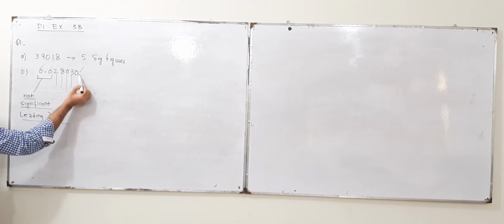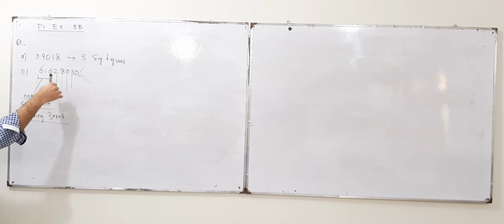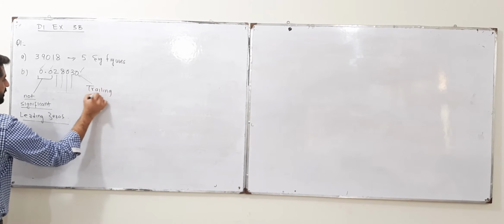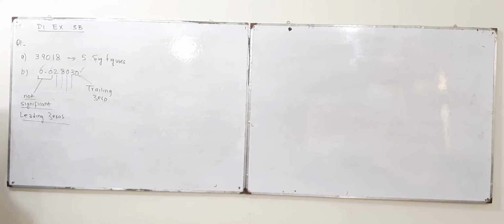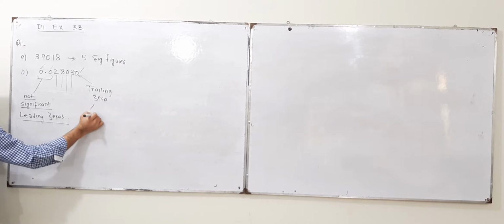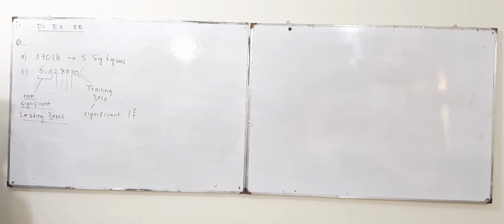Now we have to talk about this one. This 0 is not leading, it is a trailing 0. Now trailing 0 is significant if we have a condition.